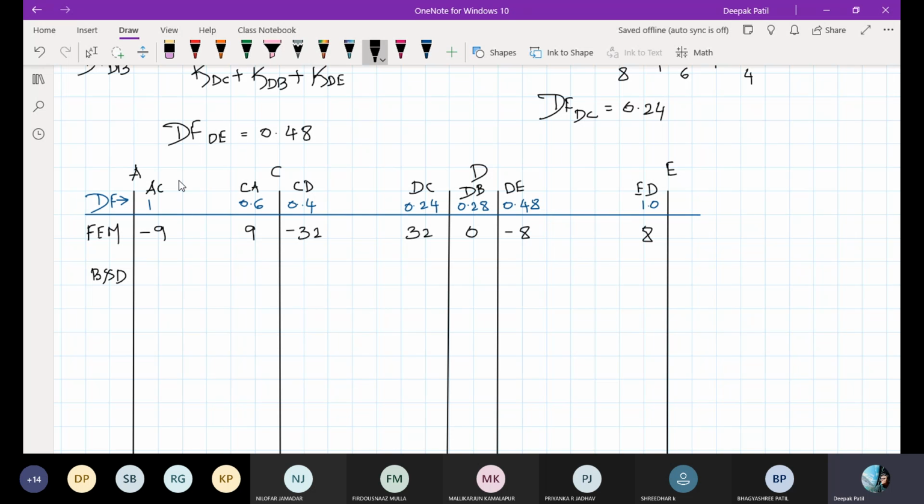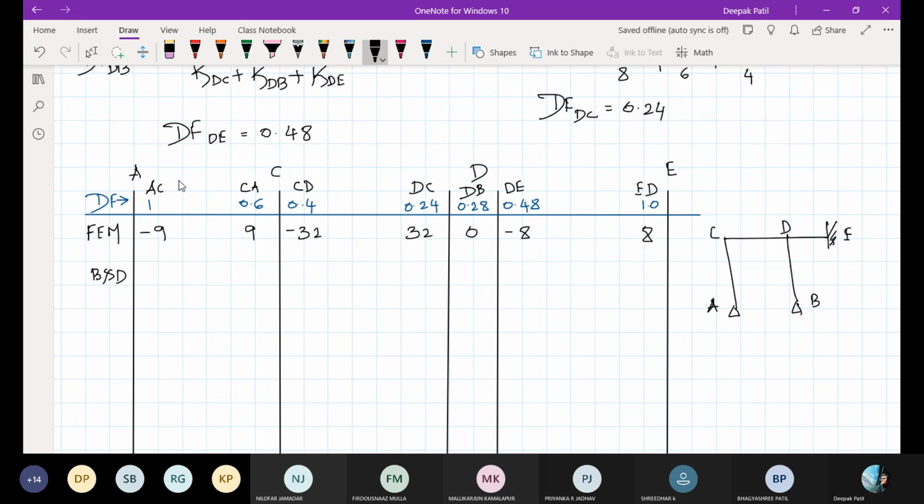Will you balance A? Before that, let me draw that figure once again so that it will be easy for you to understand. So this is pin support, this is pin support, this is fixed support. This is A, B, C, D, and E. Now will you balance A?